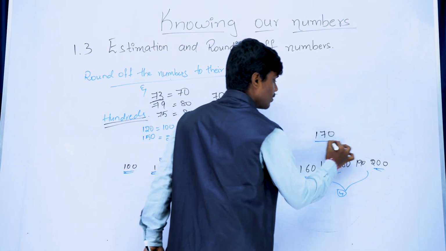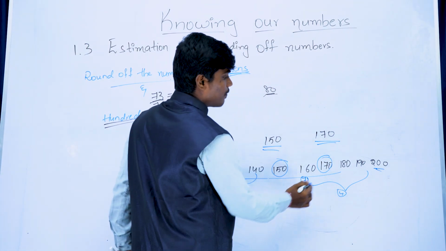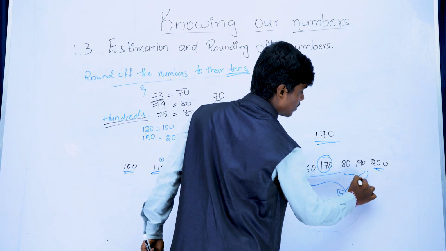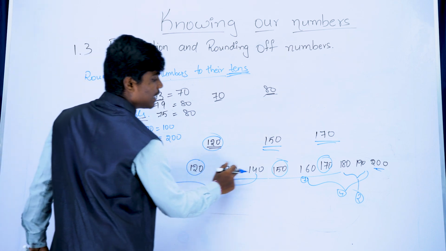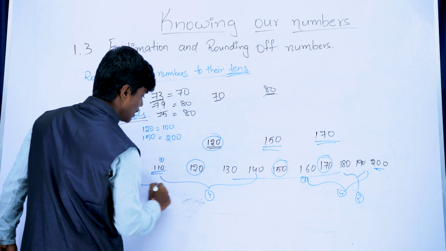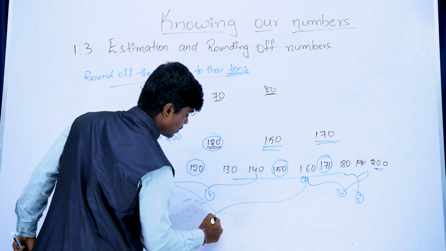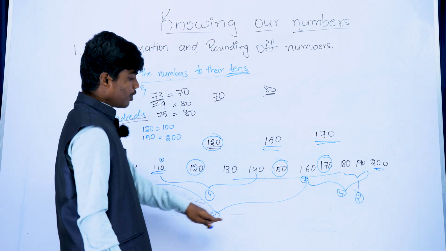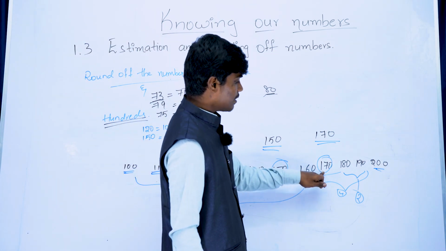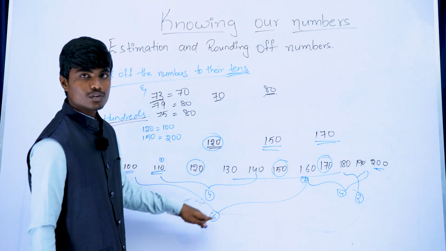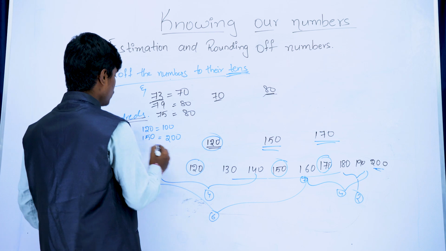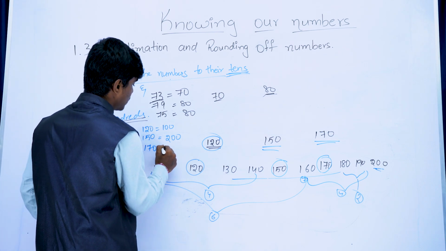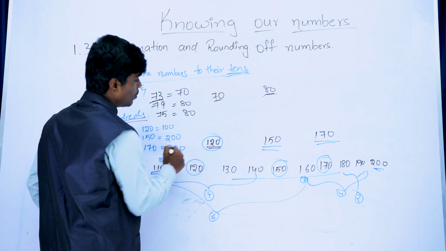Now coming to 170. The distance is 2, and here 1, 2, 3, 4, 5 and 6. Here the distance is 6. The smallest is 2, so the nearest number is 200. So 170 is rounded to 200.